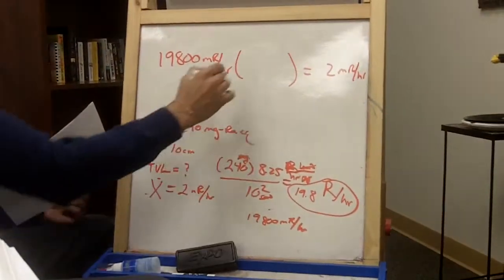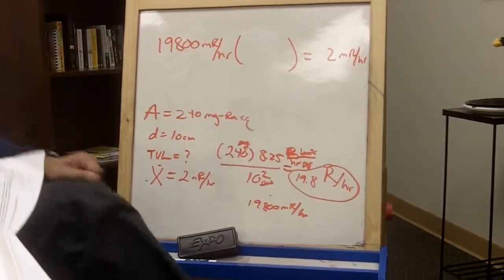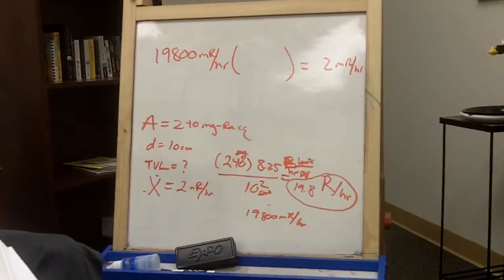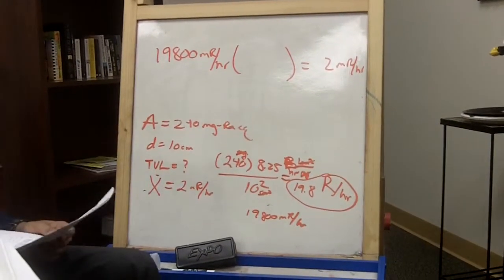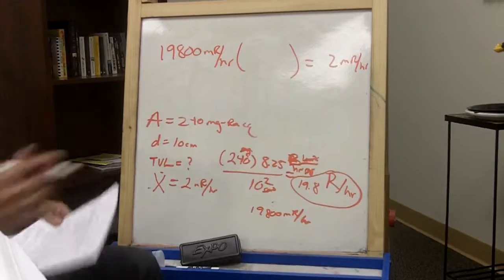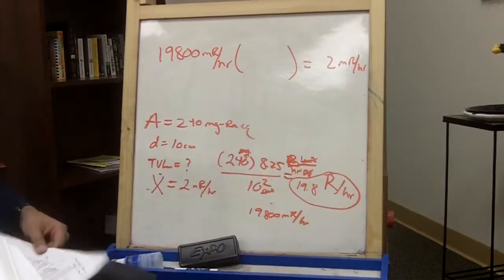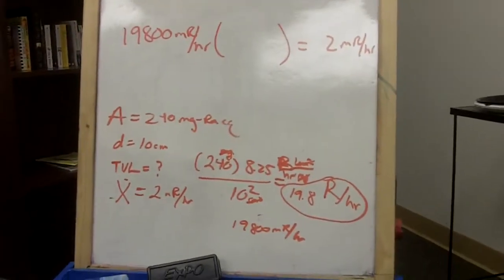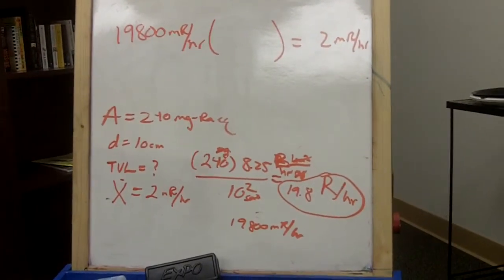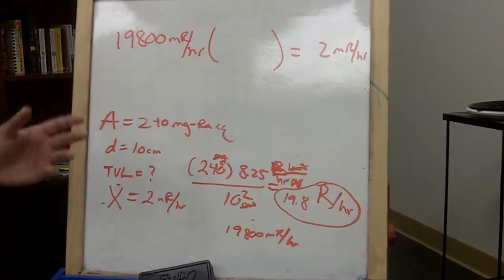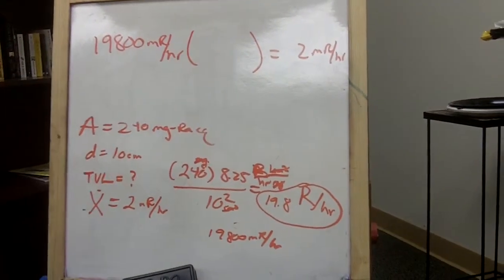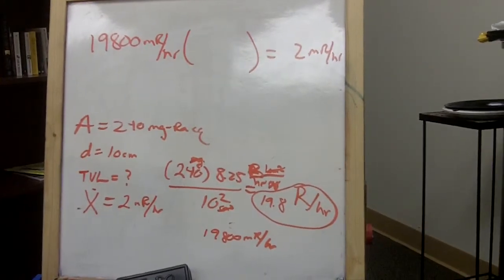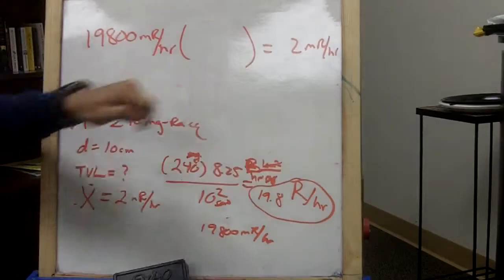So basically, we want to multiply it by a certain 1/10. So we want to multiply by a certain number of 10th value layers. A 10th value layer is very similar to a half value layer. A half value layer is the thickness of material that knocks the intensity down from its original to 1/2. A 10th value layer is the thickness of material required to knock it down to a tenth. So we can ask how many 10th value layers would get us to 2.